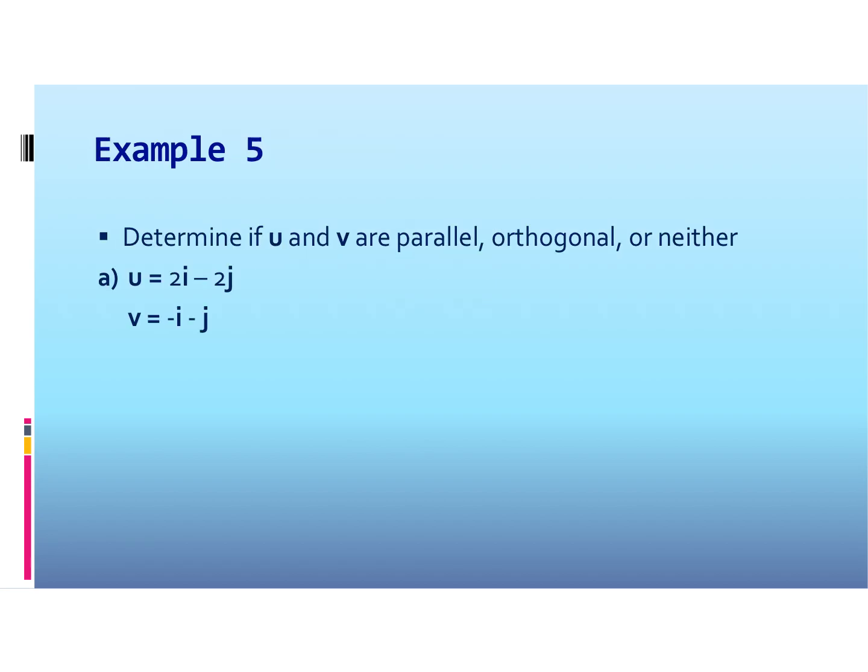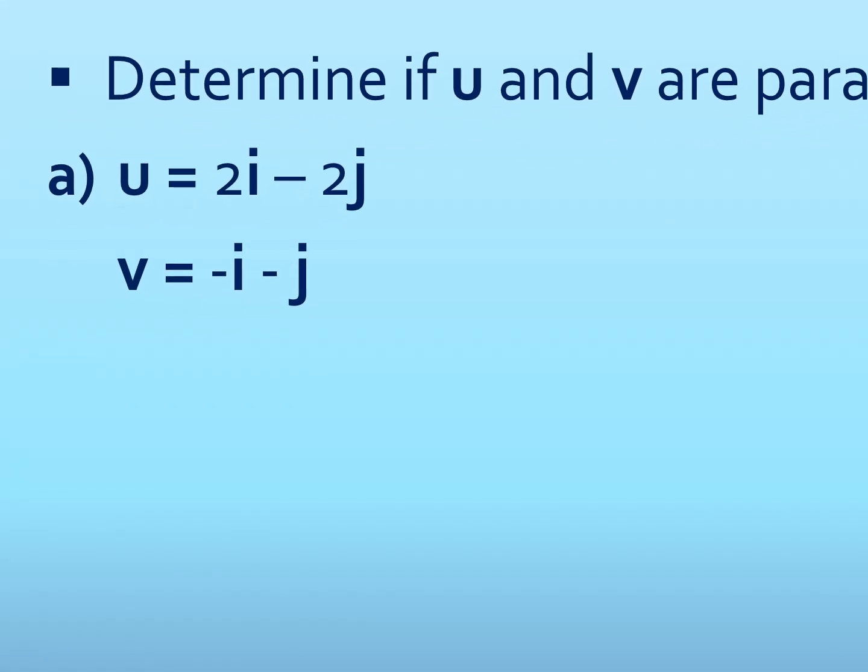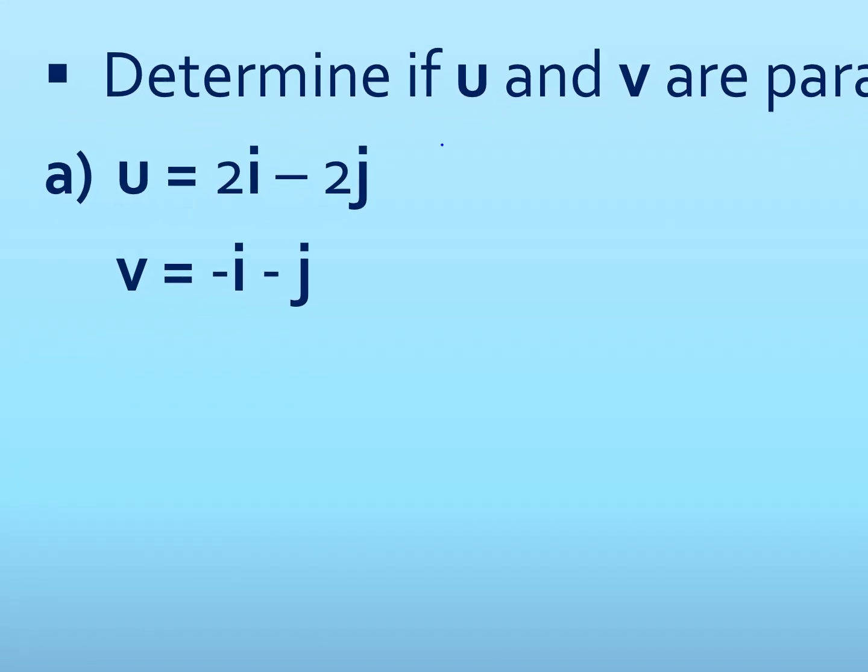So determine if u and v are parallel, orthogonal, or neither. So first, let's write these in component form. What would vector u be in component form? Two comma negative 2. What would vector v be in component form? Negative 1 comma negative 1.